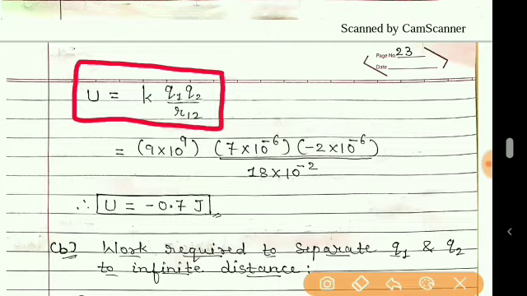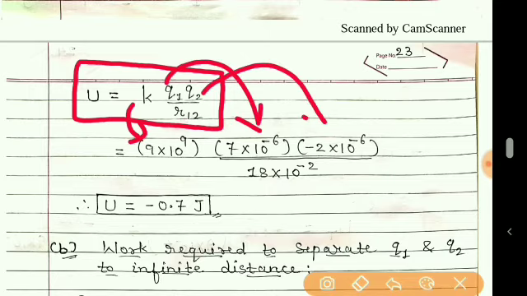Now simply putting the values: value of K, value of Q1, value of Q2, and the distance between them.